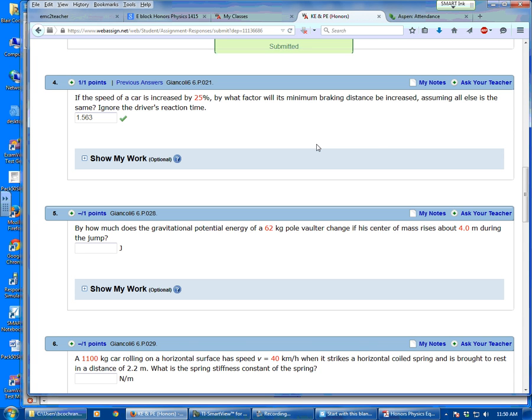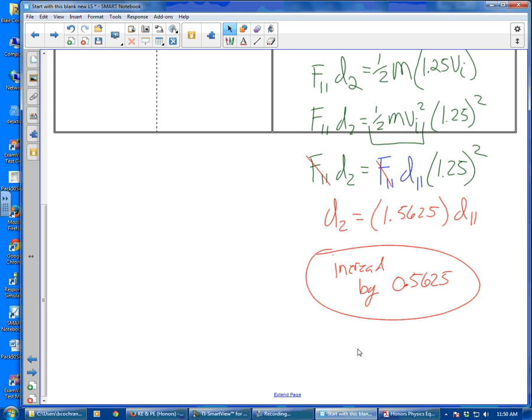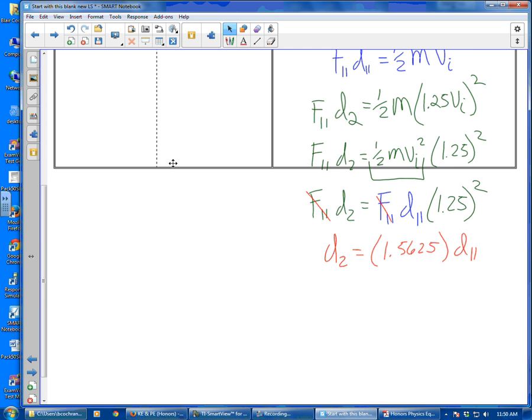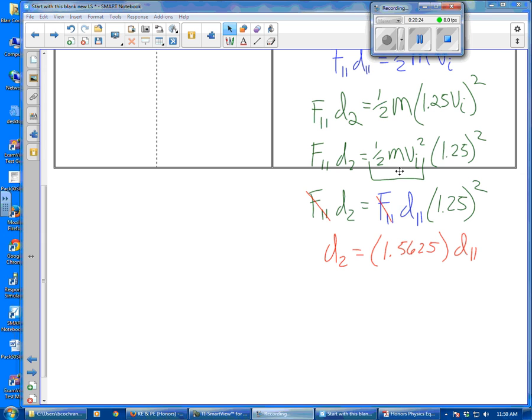I don't love the wording there. By what factor? So the factor they want is the 1.56. That's not really the factor it increased by, but we'll go with what they want. Yeah, basically, but it's always good to understand why you square that. That's kind of the crux here. Do I understand it? Can I do it again?